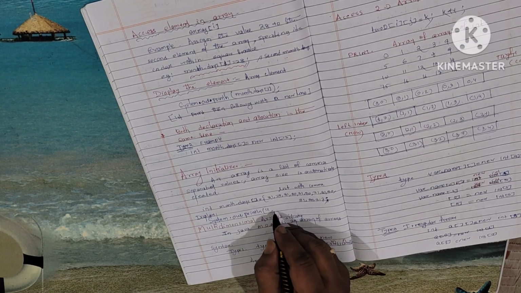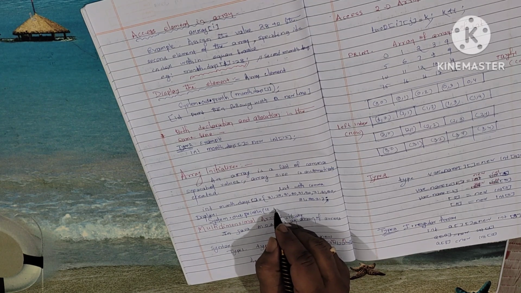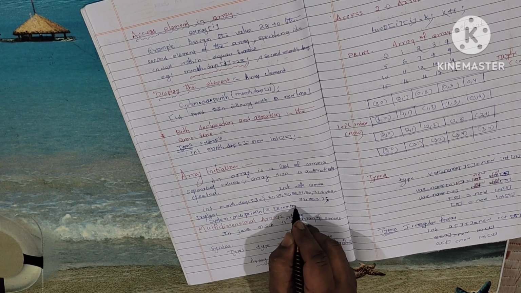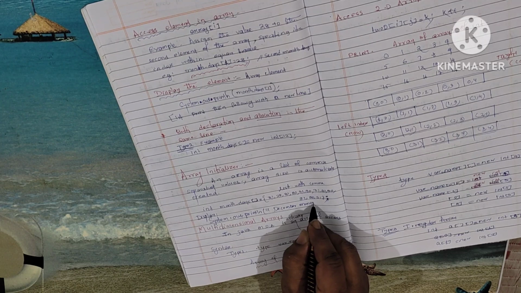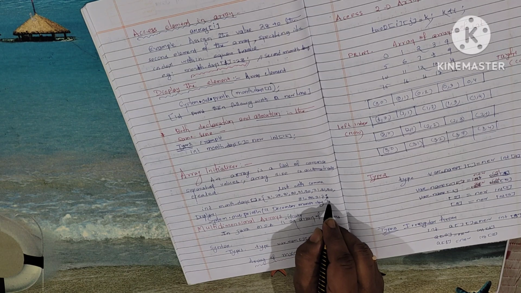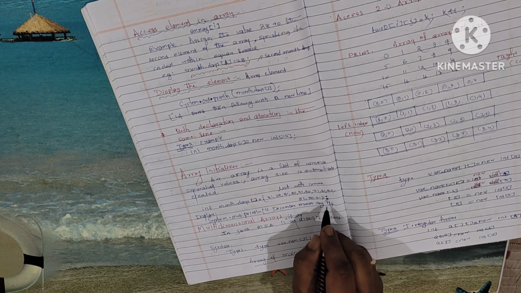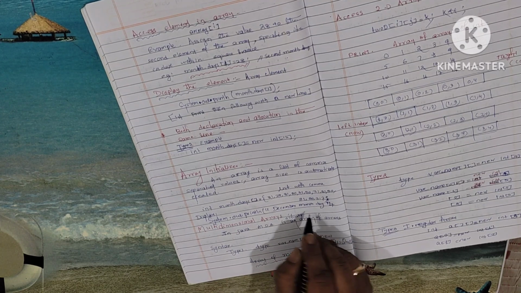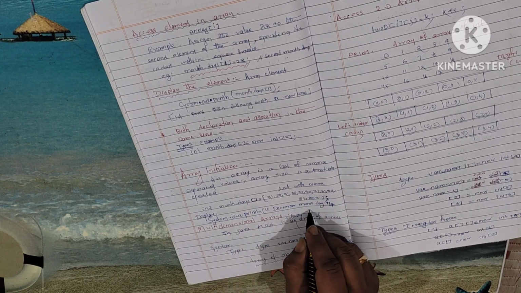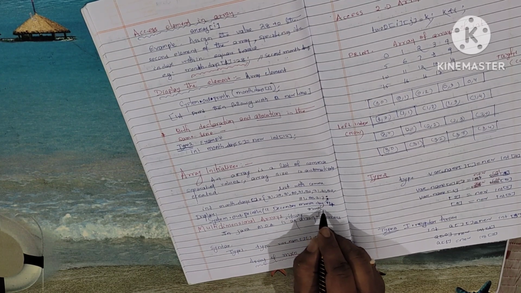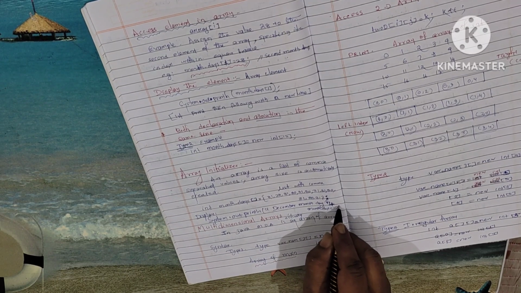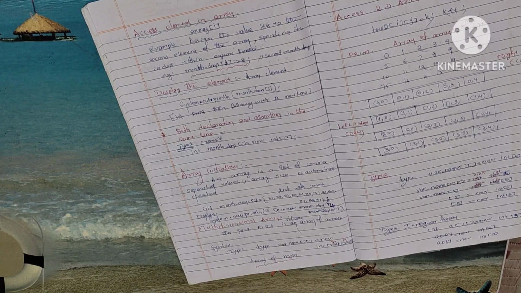I'll write here "December month days" in double quotes, some space could have been provided here, plus concatenation, write here month days, and here it is 11. Why? Because indices begin from 0.